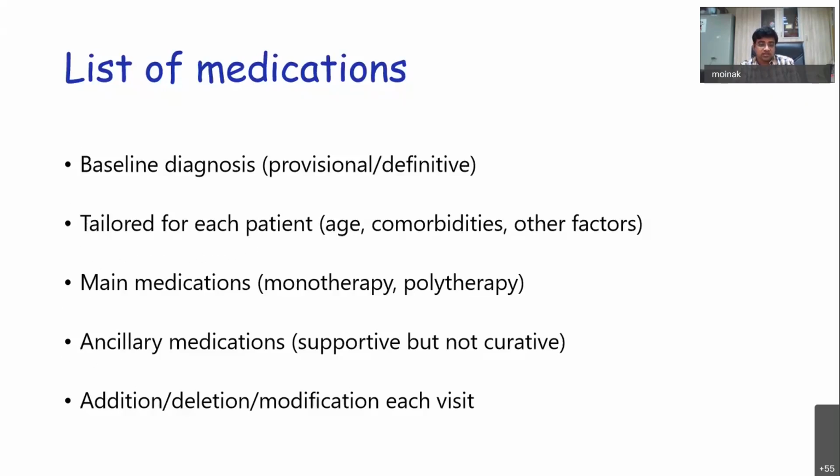Main medications mean monotherapy or polytherapy. For example, a seizure disorder may be controlled with one drug or multiple drugs. Ancillary medications may not actually cure the patient, but may be supportive, like hematinics, calcium, things like that. And there is addition, deletion, and modification in each visit.